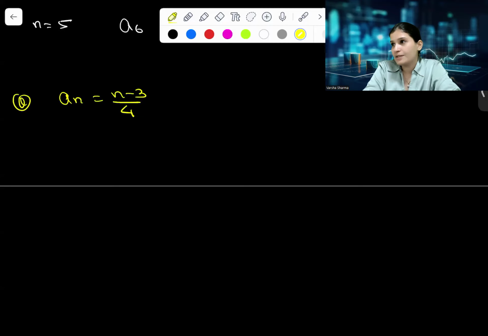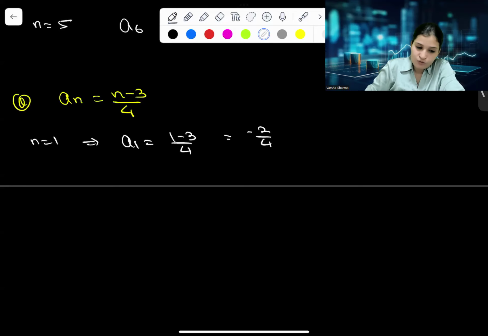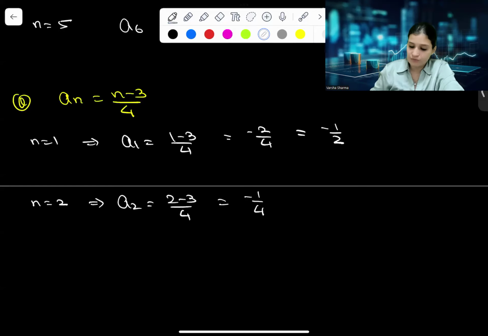N equal 1, A1: 1 minus 3 by 4, minus 2 by 4, minus 1 by 2. N equal to 2: 2 minus 3 by 4, minus 1 by 4.